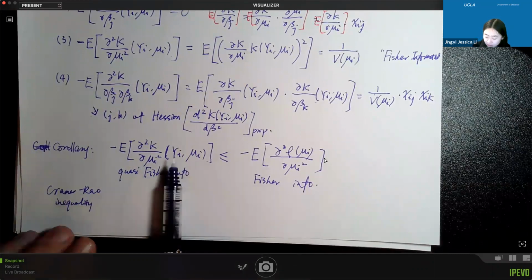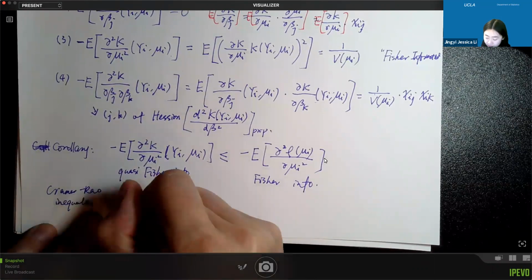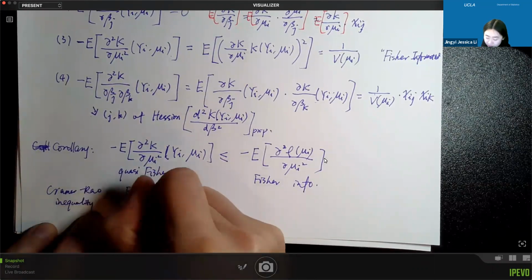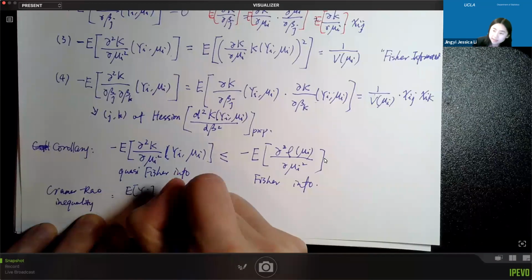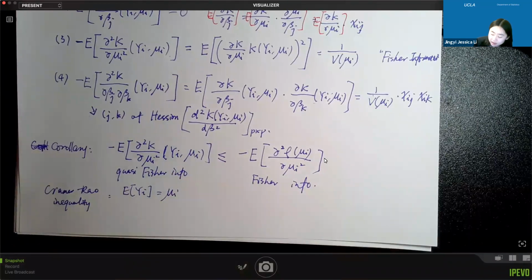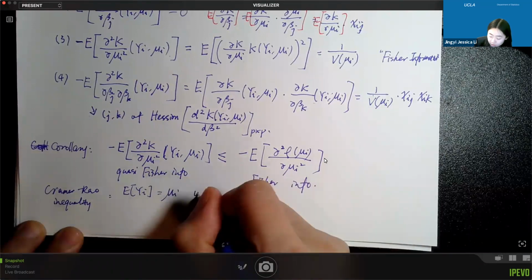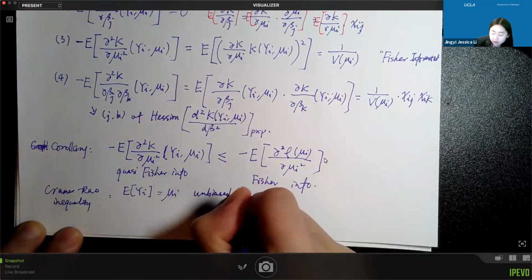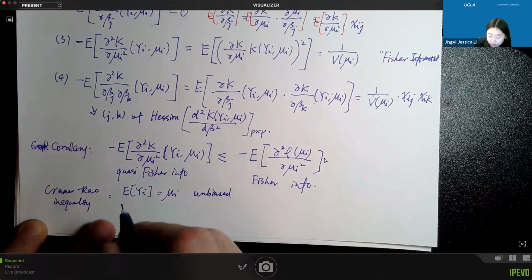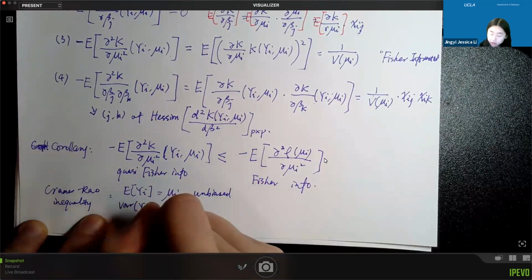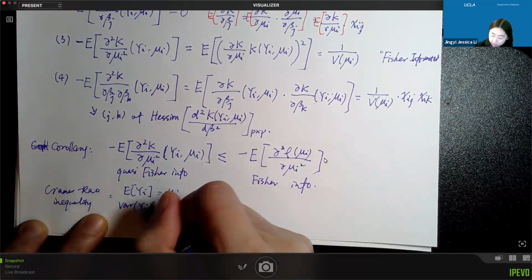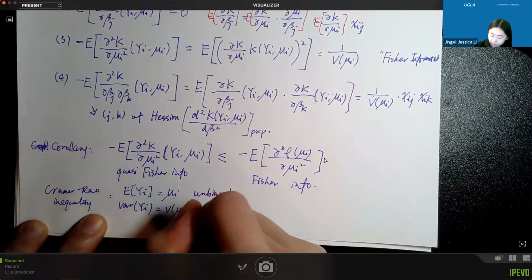So we know that here, yi is an unbiased estimator for mu i, because that's the definition of mu i, right? So given that yi is unbiased for mu i, Cramer-Rao inequality applies. So we have the variance of yi, which by notation is v of mu i, okay?